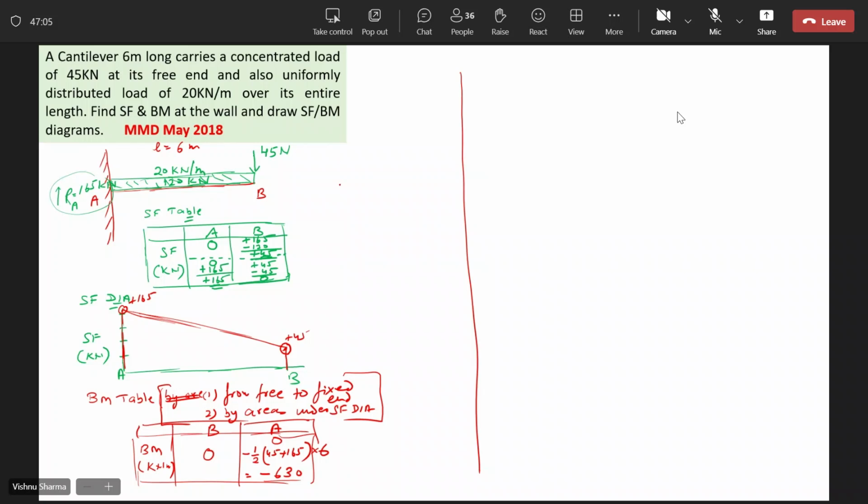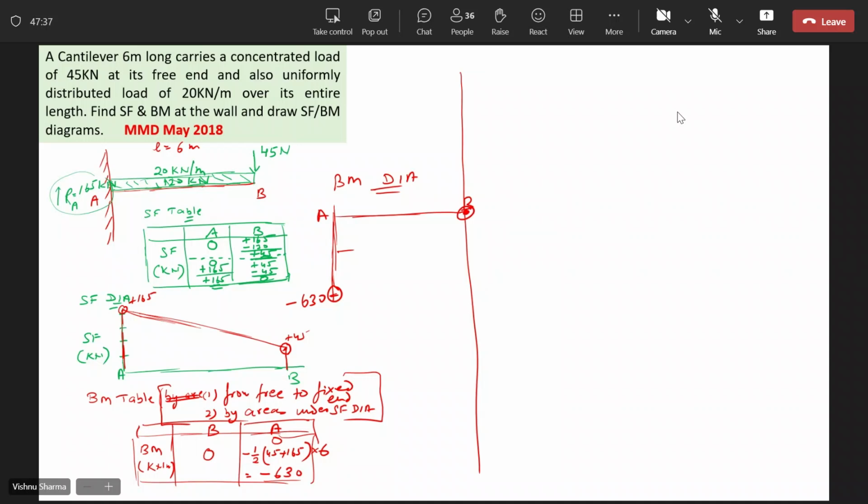So guys, in this case, how will my BM diagram be? When it comes to making this, I draw the y-axis in line with the fixed end A. Here is my B. So this is A, this is B. And this is minus 630 here, and it is 0 at B. Guys, that's a trapezium from B to A. Is it from smaller side to bigger side or bigger side to smaller side?